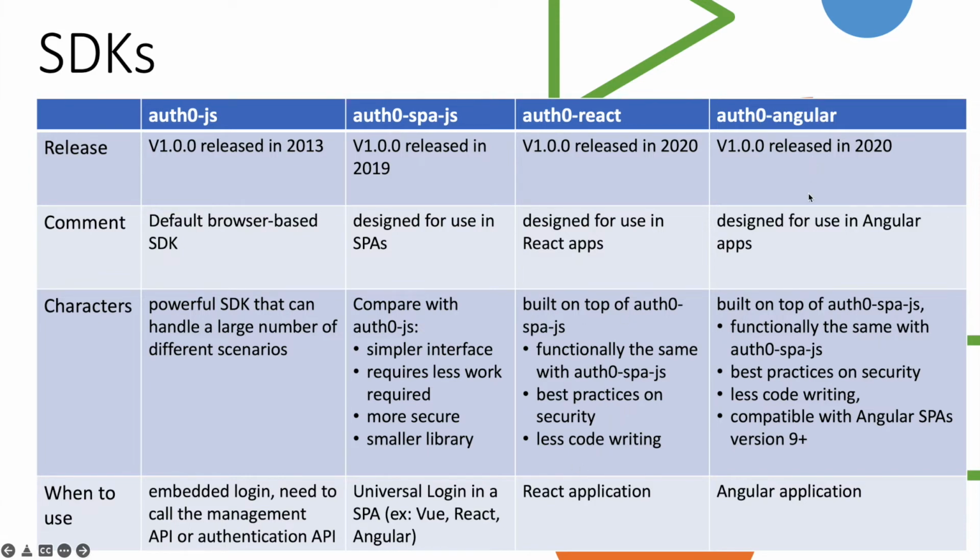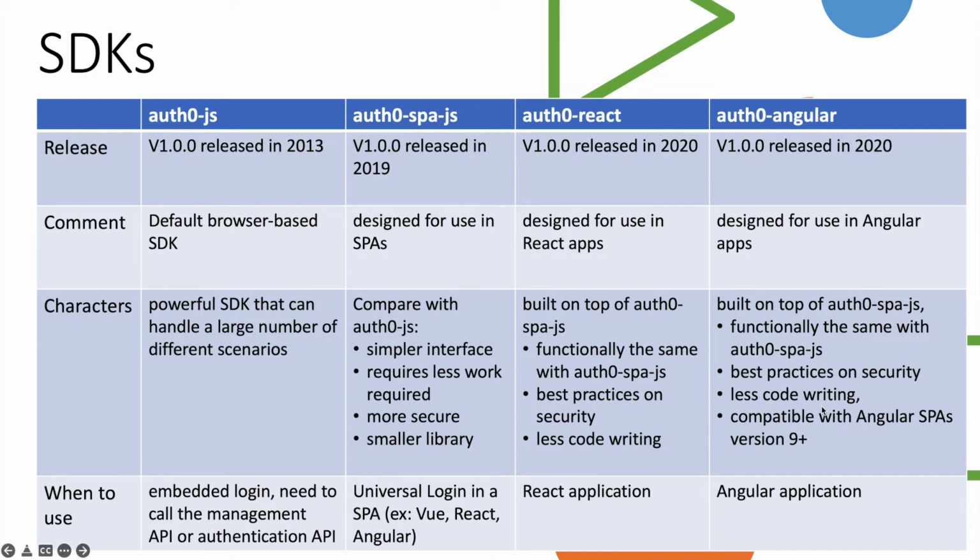Auth0-Angular is designed specific for Angular applications. So the aim of this SDK is basically the same. The functionality is the same with Auth0-SPA-JS, and it also uses the best practice on security of authentication and authorization workflow.